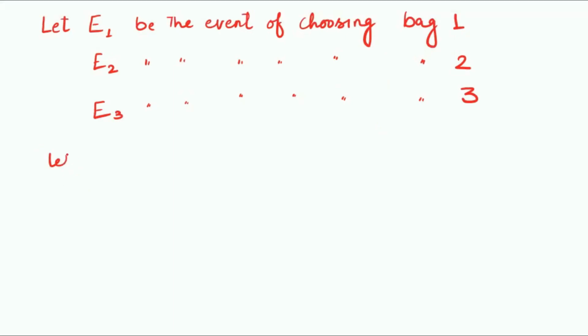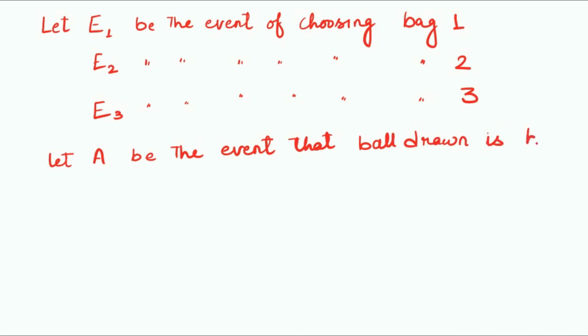So let A be the event that the ball drawn is black, meaning you have drawn a black ball. Now what do we need to find?